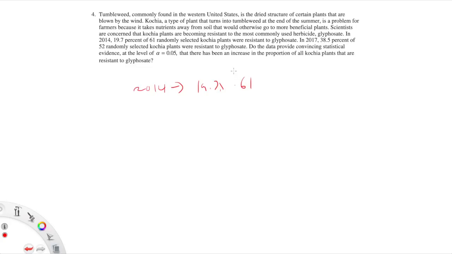And then in 2017, we have the information that 38.5% of 52 randomly selected plants were resistant. And they're asking us to somehow present, probably through a statistical test at an alpha of 0.05, to prove whether or not there has been an increase in the proportion of resistance to glyphosate.